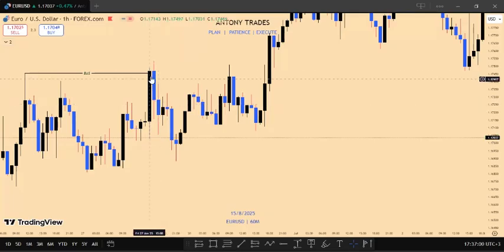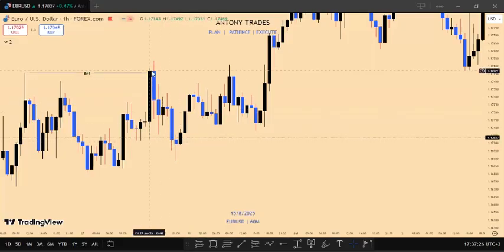But now remember, sometimes we do look at the sizes of the candles. You can see here these are very big candles. So I can give this one an exception that this is a valid pullback. That is only if these candles are giving me a reason to think that this is a valid pullback.